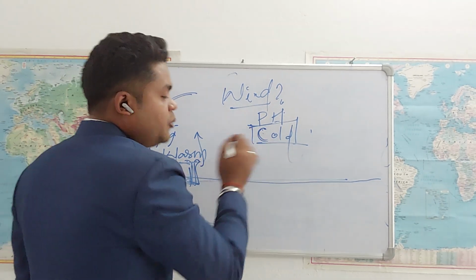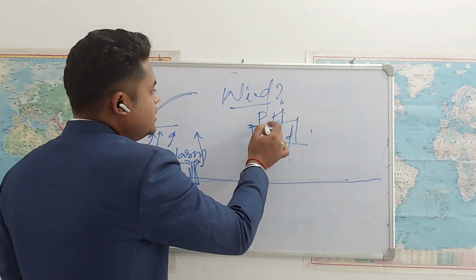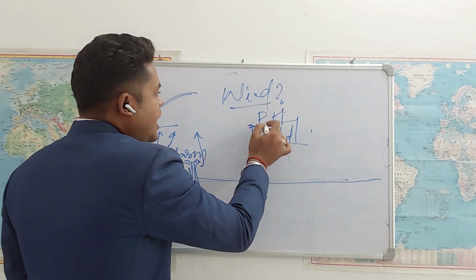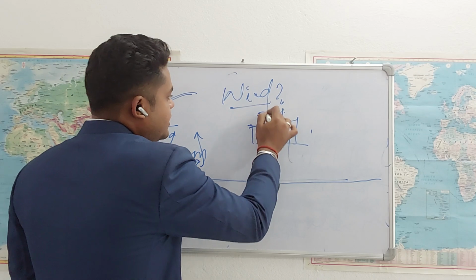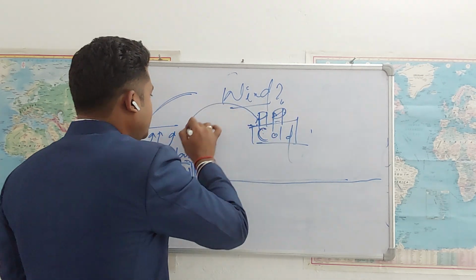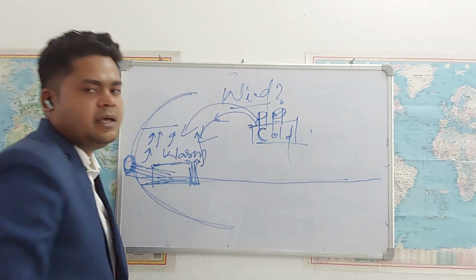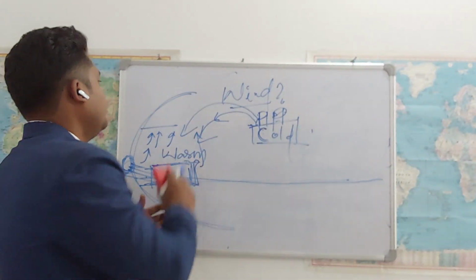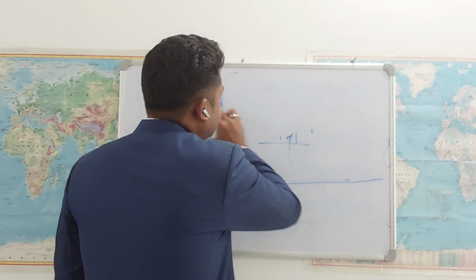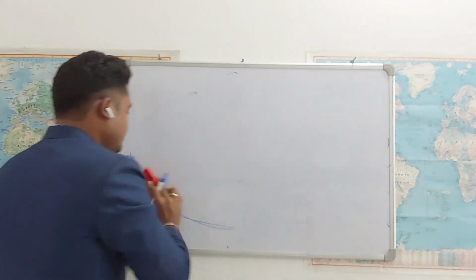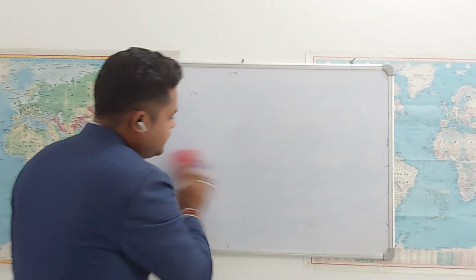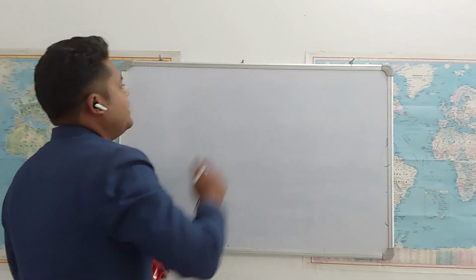So what will be the movement of the air or wind? The movement of the wind is from the high pressure area to the low pressure area. Understood?